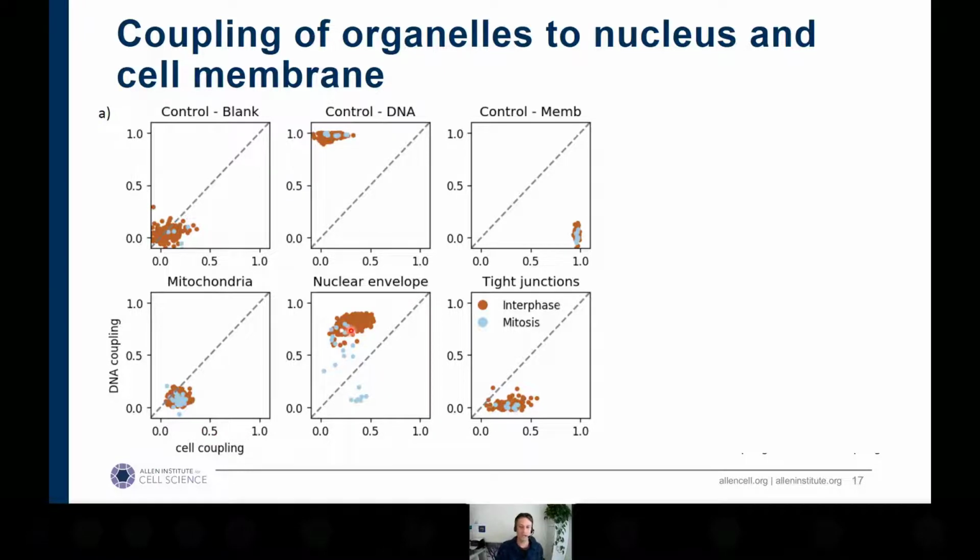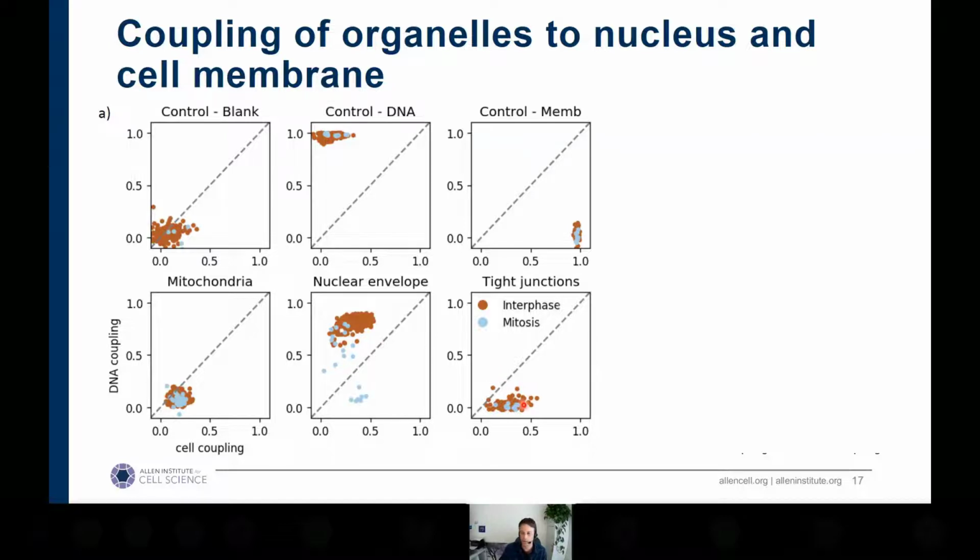When we look at the nuclear envelope, which is around the nucleus, there, of course, we see, and this I think is a great positive control, that there's a much stronger DNA coupling than coupling to the cell membrane, because most of the points are above the diagonal. Interestingly, when we look at the mitotic cells in blue, this relationship no longer holds, which also makes sense because the nuclear envelope actually breaks down during certain stages of mitosis.